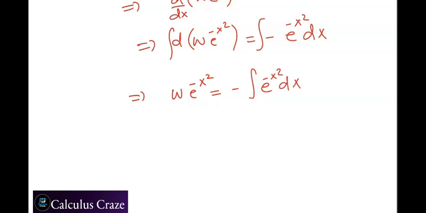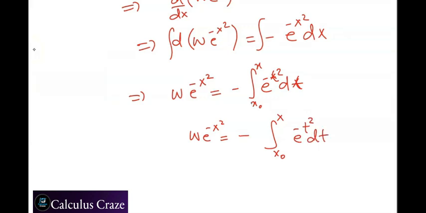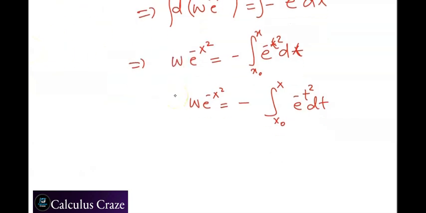But you know that this integral cannot be expressed in elementary functions, so I will take the limit x naught to x, and I'll change this variable to t. So I write w times e to the minus x squared equals minus the integral from x naught to x of e to the minus t squared dt. Now let's substitute back everything that we have. The w was equal to u power minus 1, because w was taken as u power minus 1.